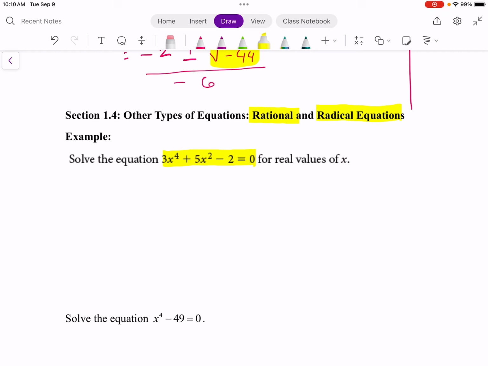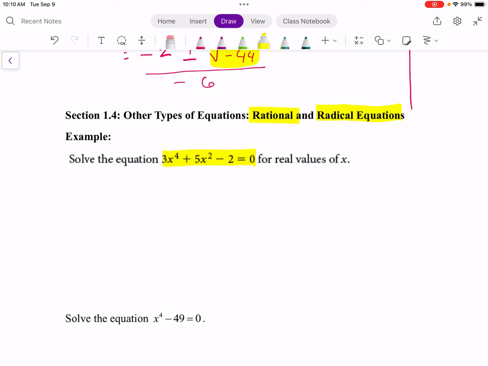Now if you see an equation with degree 4, then we have to rewrite this equation in a quadratic form. The reason is that we know how to solve quadratics, right? We have the factoring method, the completing the square method, and the quadratic formula.